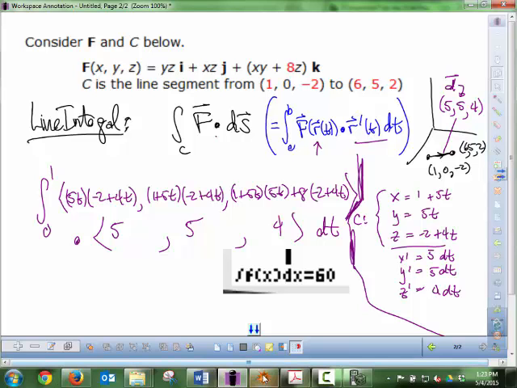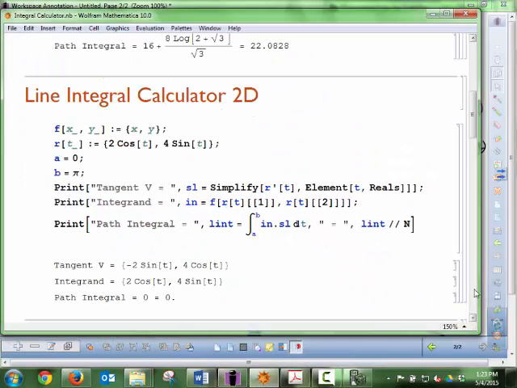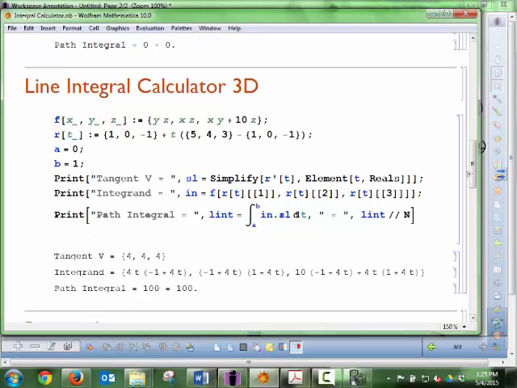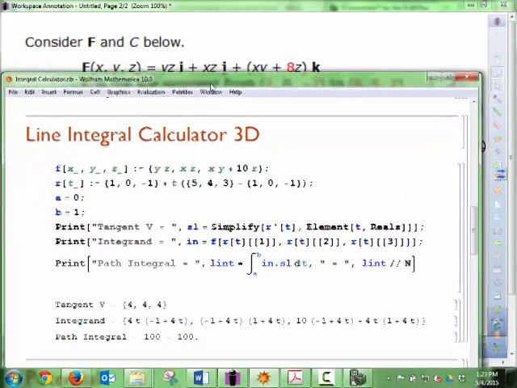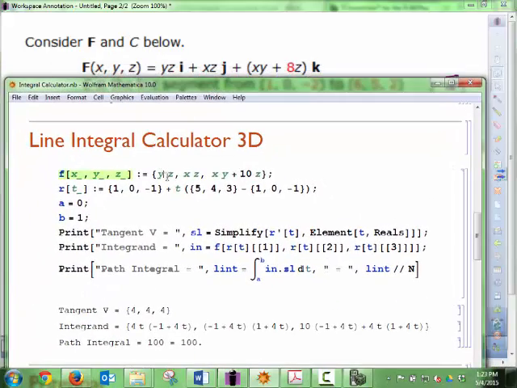Now for my fancy calculator, I have a line integral in 3 dimensions. My vector field is yz, xz, yx. Oh, did I remember to put the z there, right? 8z.